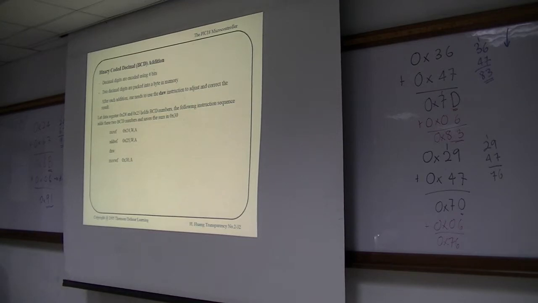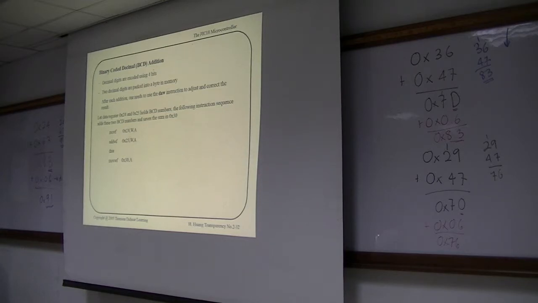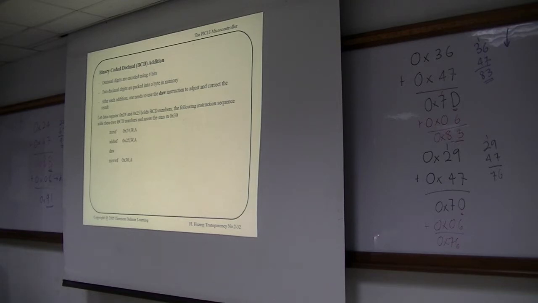So this is the same as the previous addition. So how do you know when to use DAW? Now in the question, look carefully. If the question says add two decimal numbers, that means your mind should automatically think of decimal adjust. If they never say add two decimal numbers, they say add two values, hex this one and hex this one, that means the values are in hex.